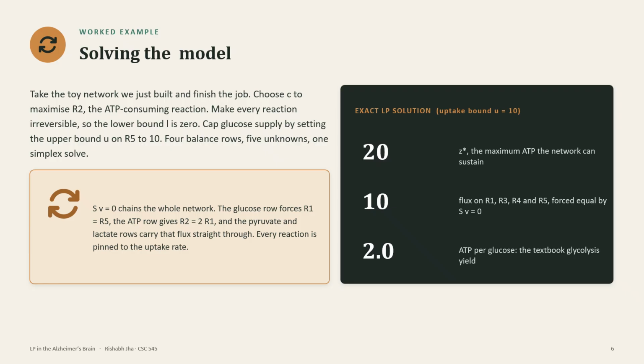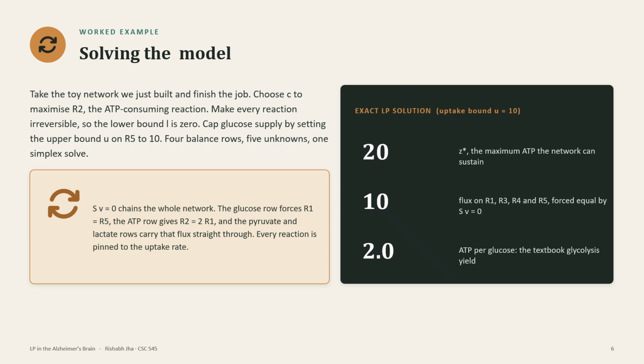So we know SV equals 0 does what it does by itself. The glucose row forces R1 equals R5, the ATP row gives R2 equals twice R1, and so the optimum is immediate, right?